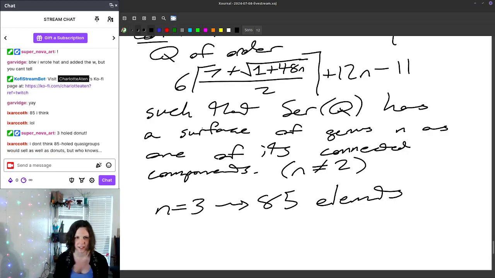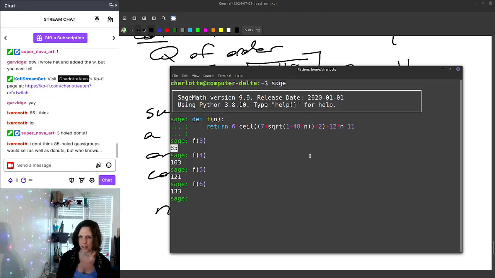So that wasn't the number of holes. That was the number of elements that you would need in the quasigroup that makes the surface with just three holes. So for the 85-hole donut, which I agree probably wouldn't sell as well, we would need 1,225 elements in our quasigroup according to this.